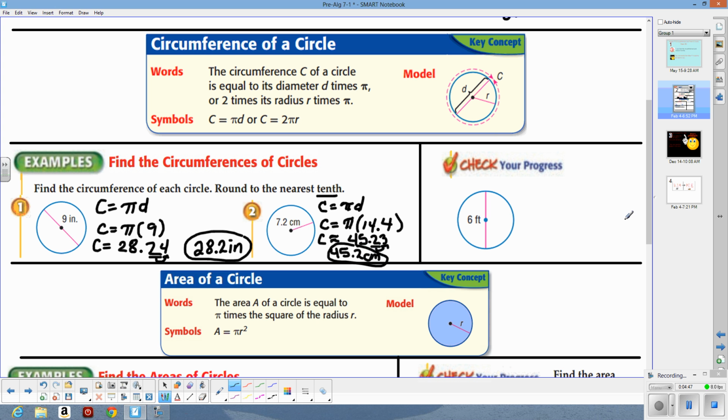You may want to pause the video and try the next one on your own. Circumference equals pi d. Circumference equals pi times the diameter, and the diameter is 6. Remember, the diameter is all the way across the circle through the center point. So we're going to use our calculator and type in pi times diameter.